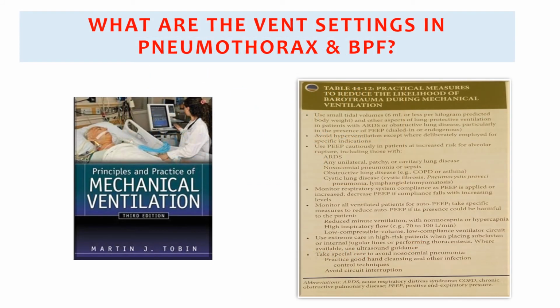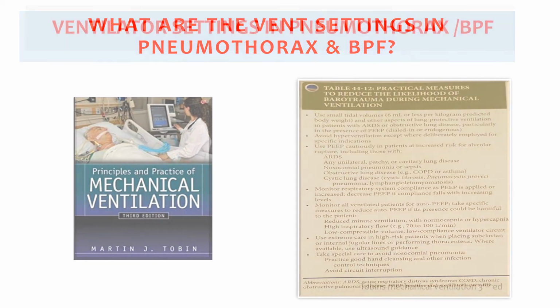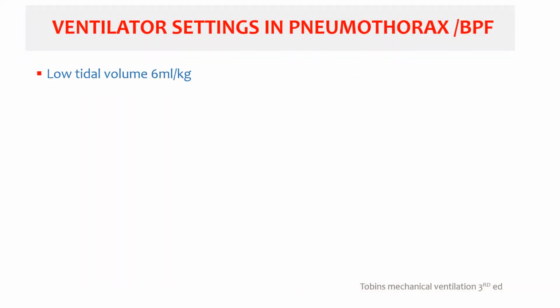Now, what are the vent settings in pneumothorax and bronchopleural fistula? So this I have referred to Mechanical Ventilation, the book by Tobin et al. And these are the ventilator settings.